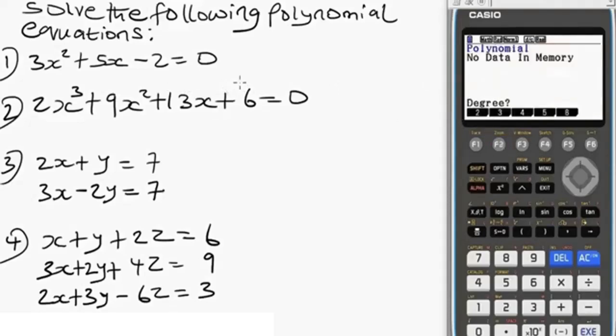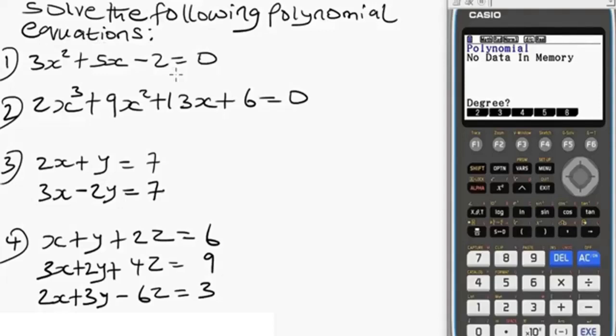Now, we want to solve a quadratic polynomial equation. In algebra, we have various kinds of polynomials. We have quadratic polynomial, cubic polynomial, quartic polynomial, quintic polynomial, and the rest of them. A polynomial with 2 as the highest degree is known as a quadratic polynomial equation, whereas a polynomial with 3 as the highest degree is known as a cubic polynomial equation.